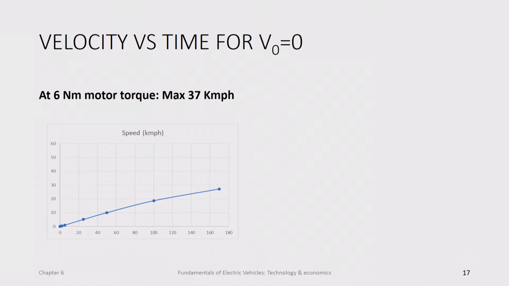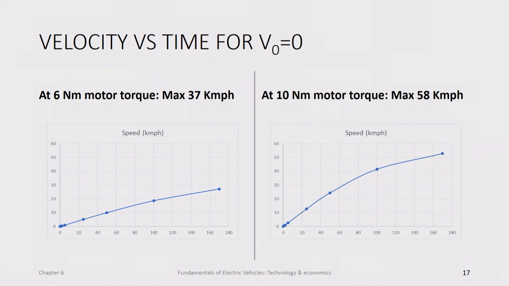On the other hand, if I turn the throttle a little bit more and increase the torque from 6 Newton meter to 10 Newton meter, then the steady state speed becomes 58 kilometers per hour. But no matter how much I increase the torque, always the final speed is bounded.